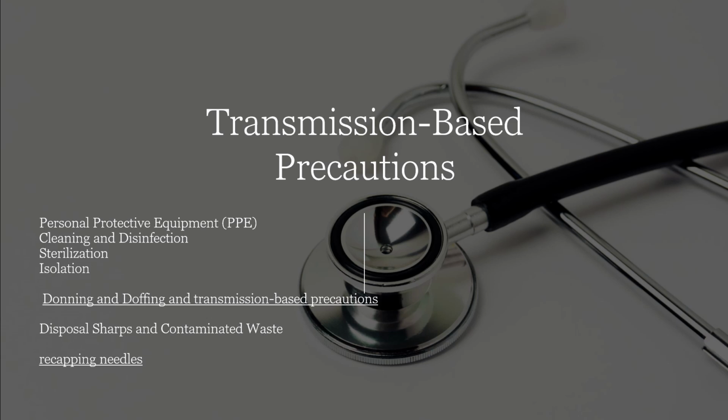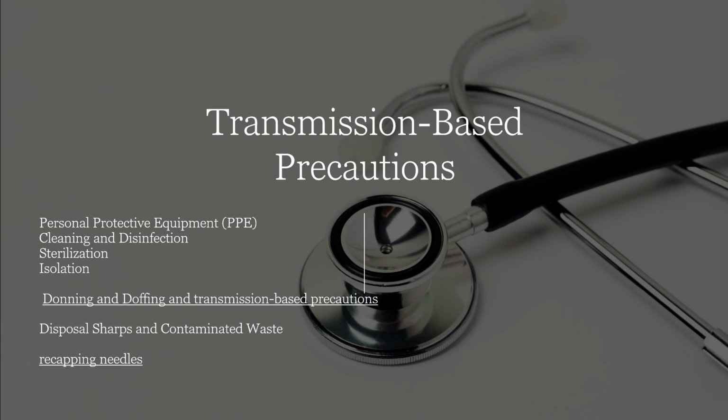Now, if it were something that was more aerosolized, like our coronavirus or our TB, tuberculosis, those are things that are aerosolized. And what I mean by that is that spray of a cough or a sneeze, it hangs in the air. The particles are so little, they kind of float around and hang in the air for a long time.